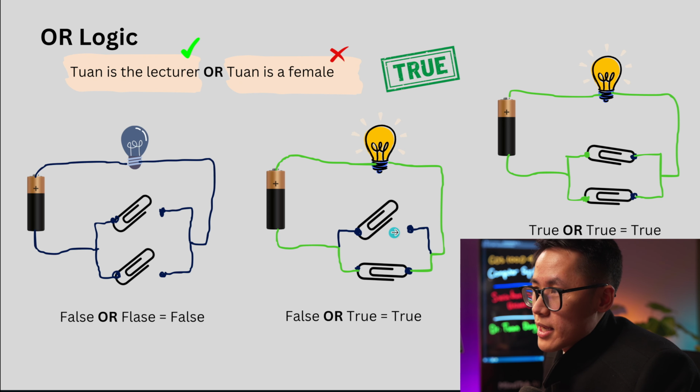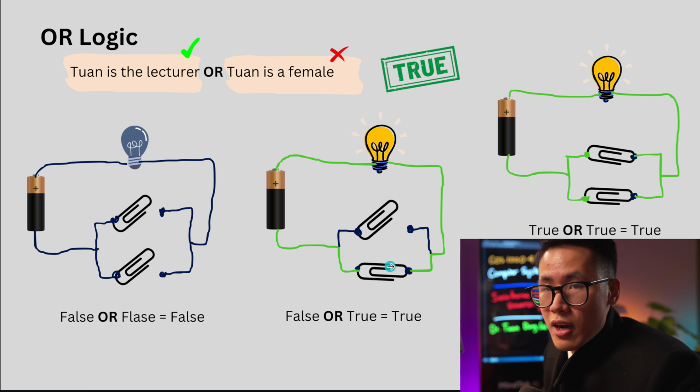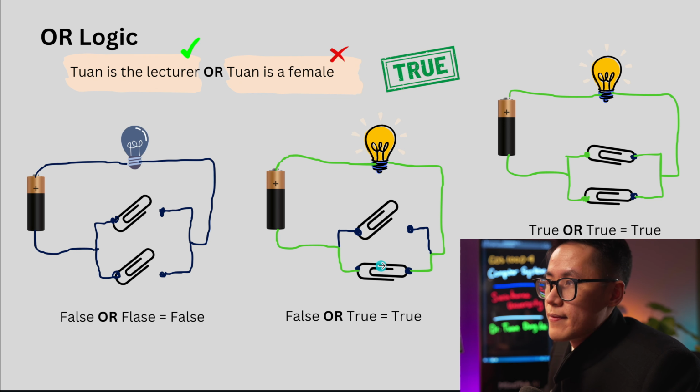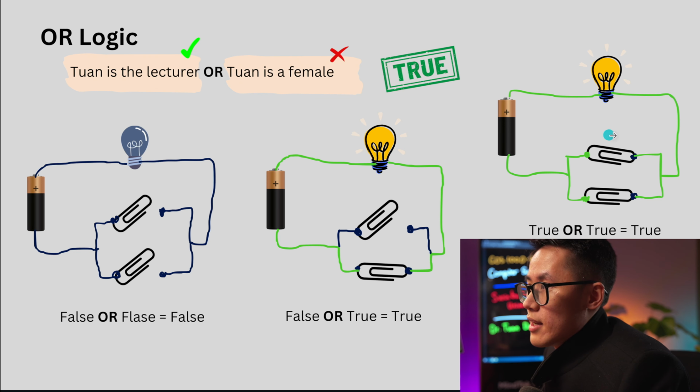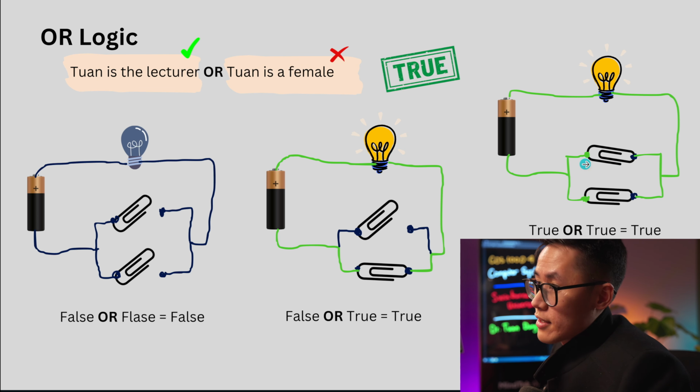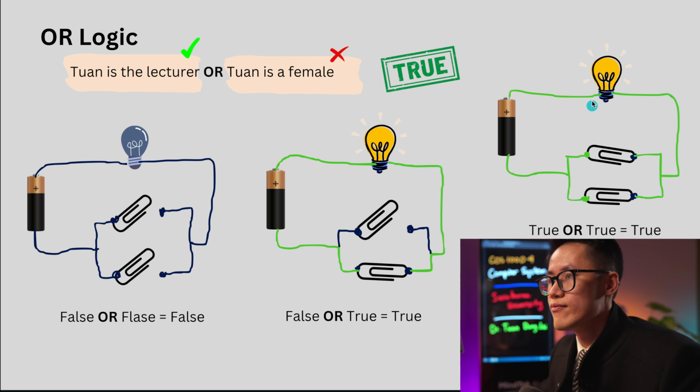Now if one of them is open, another one is closed, then the signal can go from one to another, which means false or true equal true. Another example is if both of them are closed, then the statement would be true or true equal true.